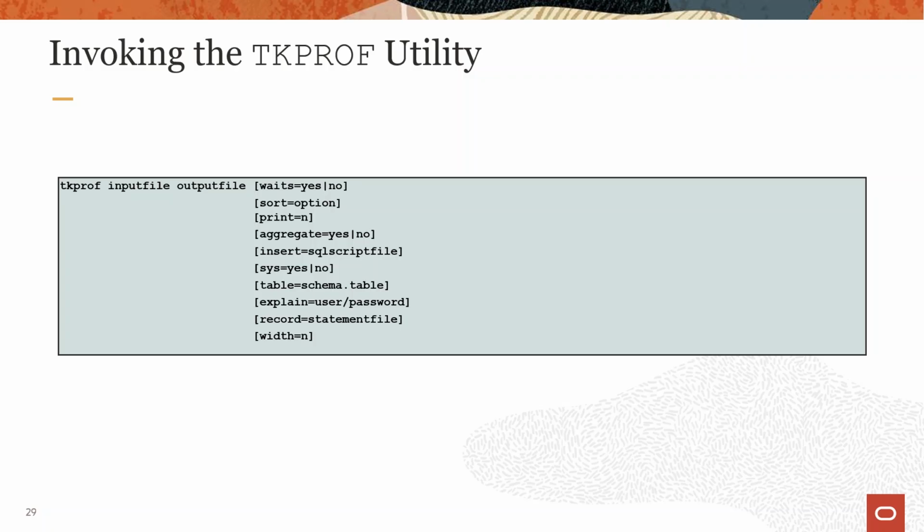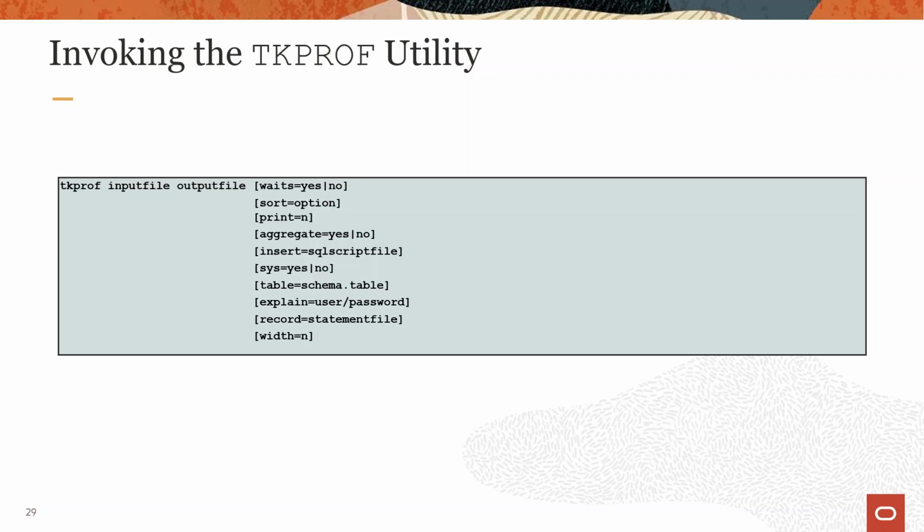By the record parameter, you can ask tkprof to create a script file with the specified file names with all the non-recursive SQL statements in the trace file. Plus, you can specify the width parameter, which is an integer that controls the output line width of some tkprof output, such as the explain plan.